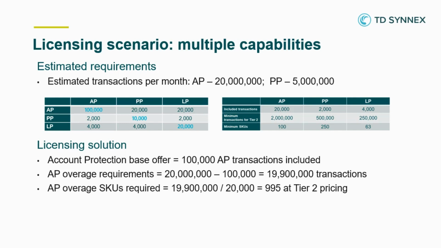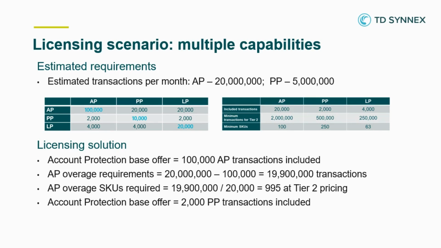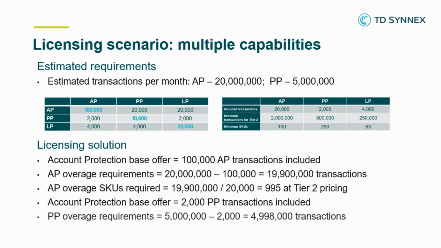Let's now work on the purchase protection SKUs required. And we know that if the customer has the account protection base offer, then it includes some purchase protection transactions. And if we look at the first table, we can see that the included figure is 2,000 transactions. The overage required is the total of 5 million minus the 2,000, giving 4,998,000 transactions.